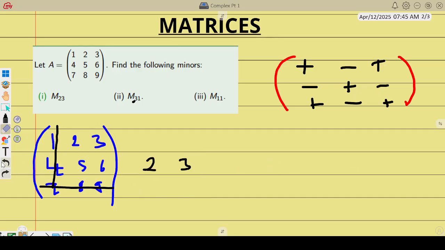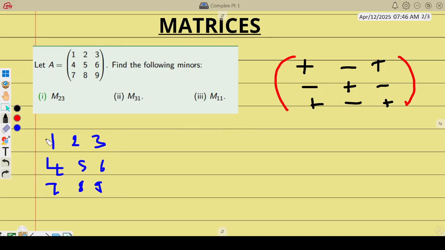We're done with that one, and then we go to the third one, M11. Do you know what it means when we have M11? The minor for this, we cancel the first row and the first column. We remain with 5, 6, 8, 9.